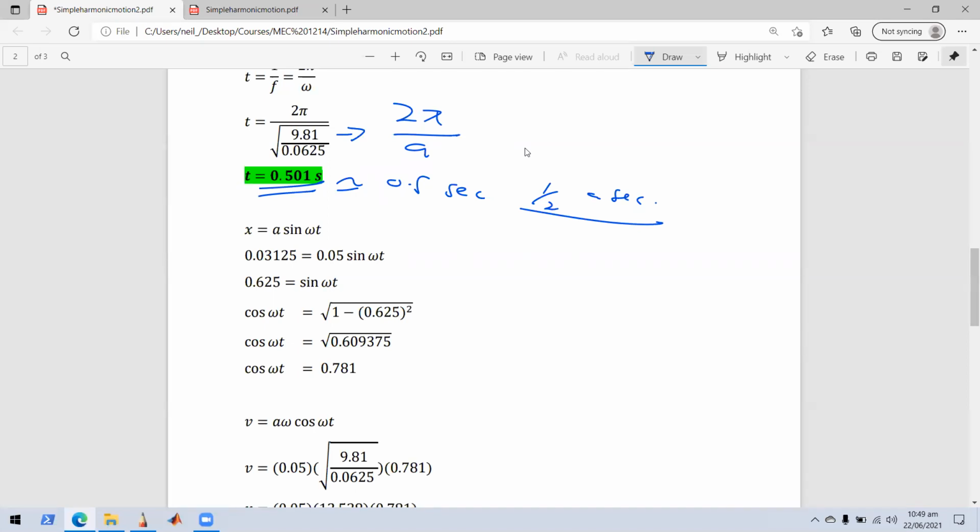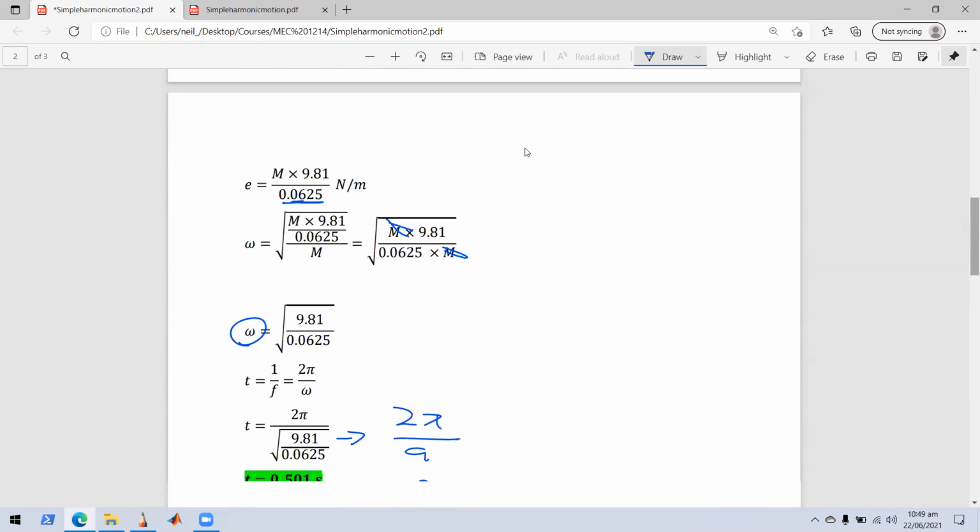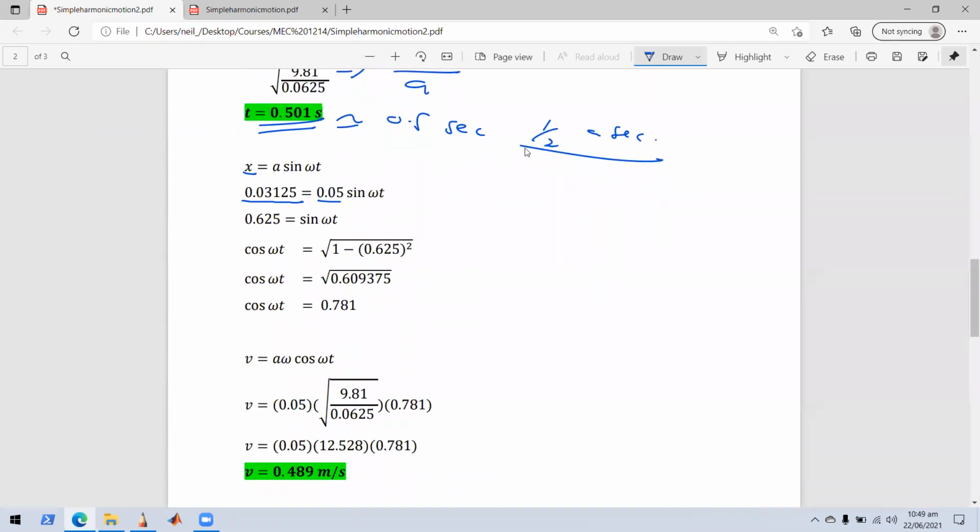So x is equal to A sine omega t, plugging the value for x, which is 0.03125. The amplitude is 0.05, because the mass is pulled 50 millimeters below its position of rest. So x equals 0.05 times sine omega t.